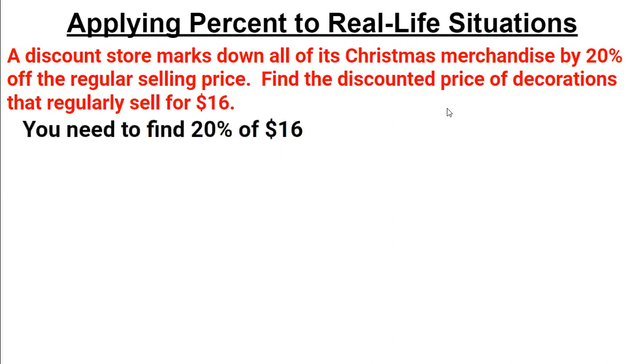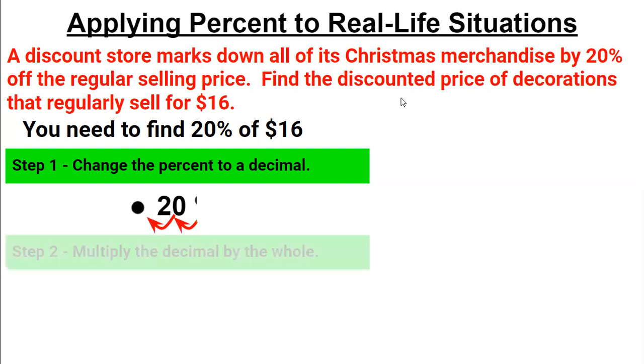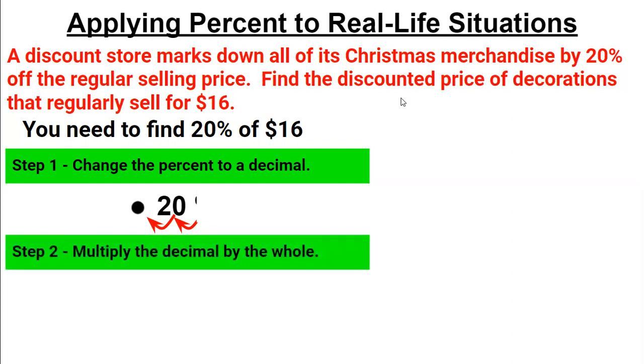So markdown is taking money off. It's selling something on sale. So this one is selling for $16 regularly, and now it's 20% off because it's after Christmas. How much are you going to pay? Well, you need to find 20% of $16. So step 1, change the percent to a decimal. You should be really good at this. What's 20% as a decimal? I hope you said 0.20 out there. So move your decimal 2 to the left. 0.20. Multiply that by what? Yeah, 16.